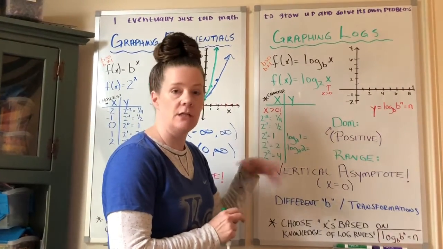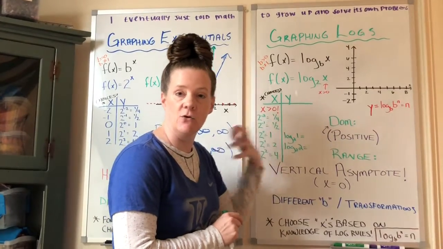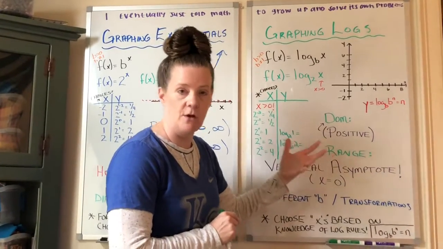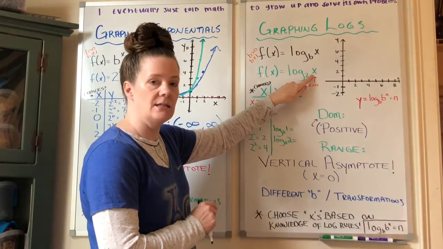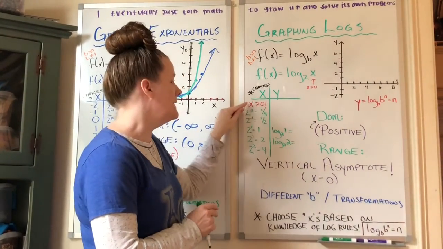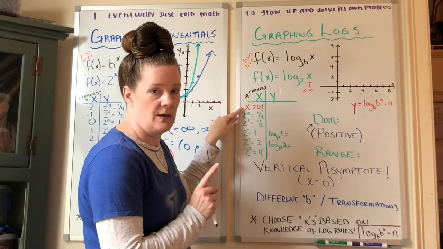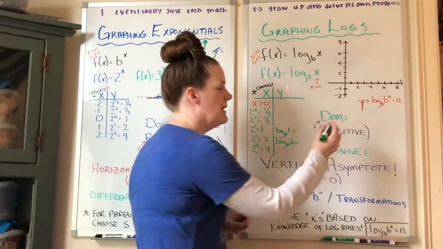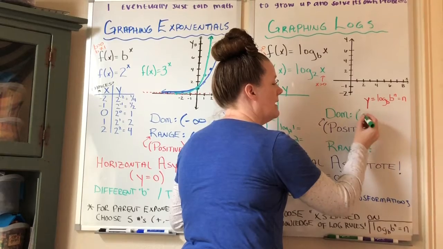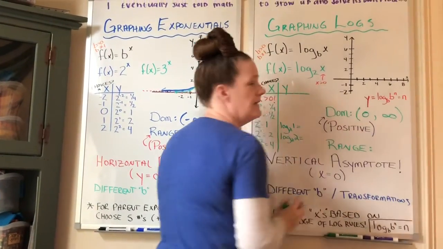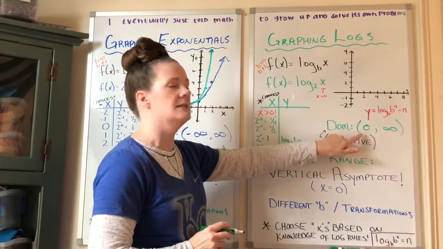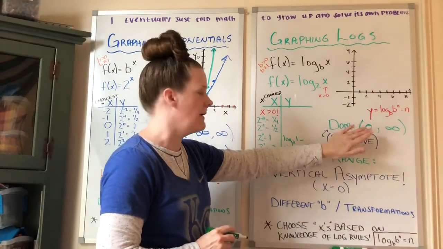It can be a fraction, a whole number, or an irrational positive number. It cannot be 0, cannot be negative. And so as we get ready to select choices for x, we need to make sure that they're bigger than 0, number 1. That does lead to, I'm going to go ahead and write it in now, the domain of parent logs: it is 0 to infinity. So we have to choose x's that are bigger than 0.